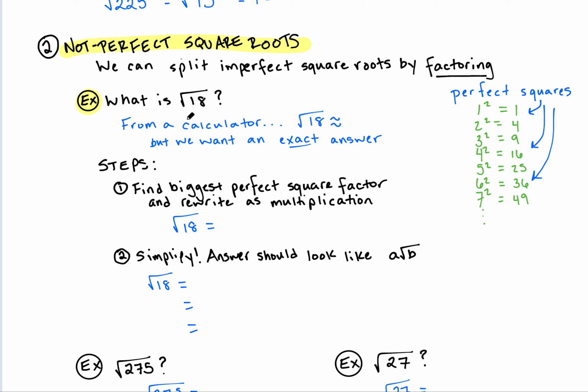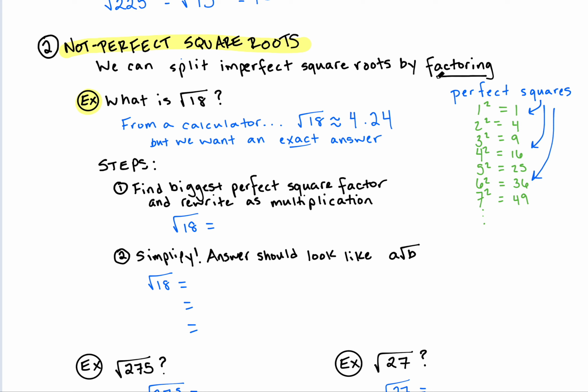The first is, what is the square root of 18? 18 falls between 16 and 25, so we know our square root should be somewhere between 4 squared and 5 squared, so between 4 and 5. If we put it in a calculator, the square root of 18 is about 4.24. But we want an exact answer, not an approximate decimal.